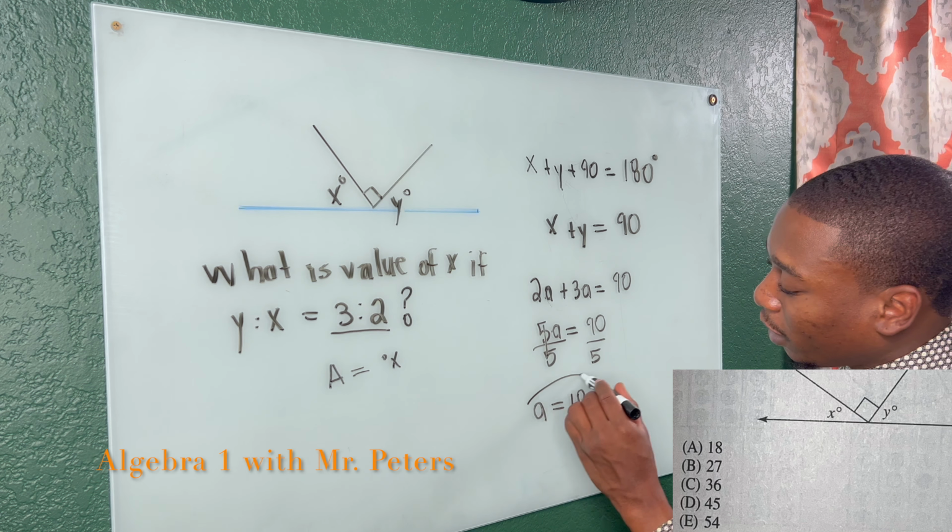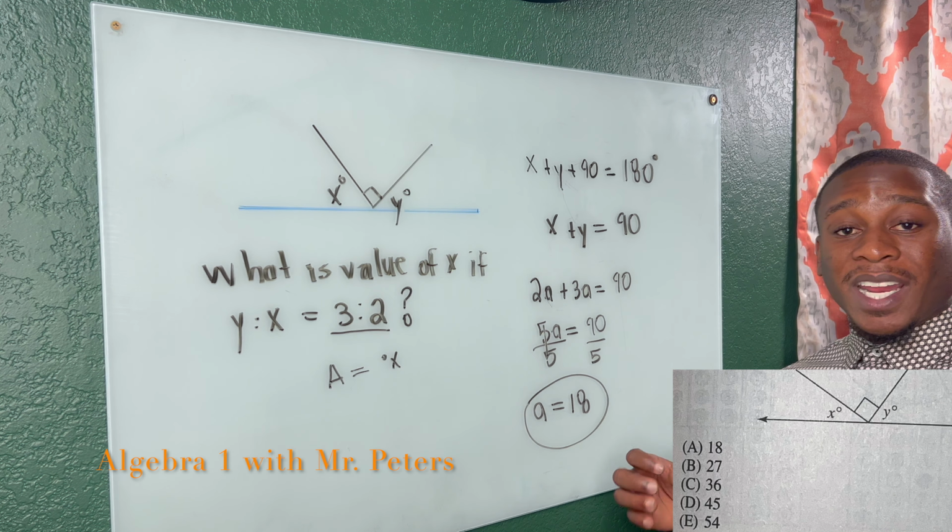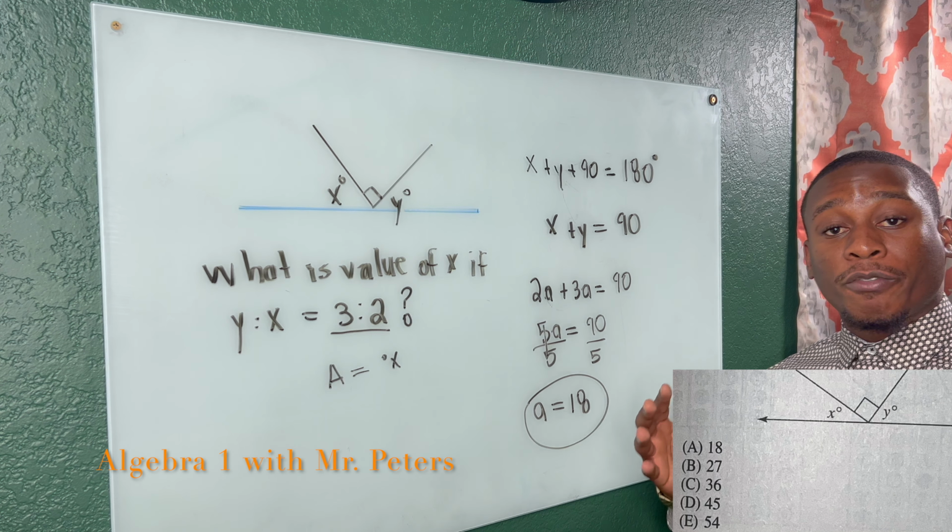Yup, it's going to be 18. And then for us to get our final answer, guys, remember, this is just a, right? To figure out what x is, we're going to take this a and multiply it by 2. So we know that x should be equal to 36 degrees. And let's just check our answer sheet. Yup, so it's going to be letter choice C.